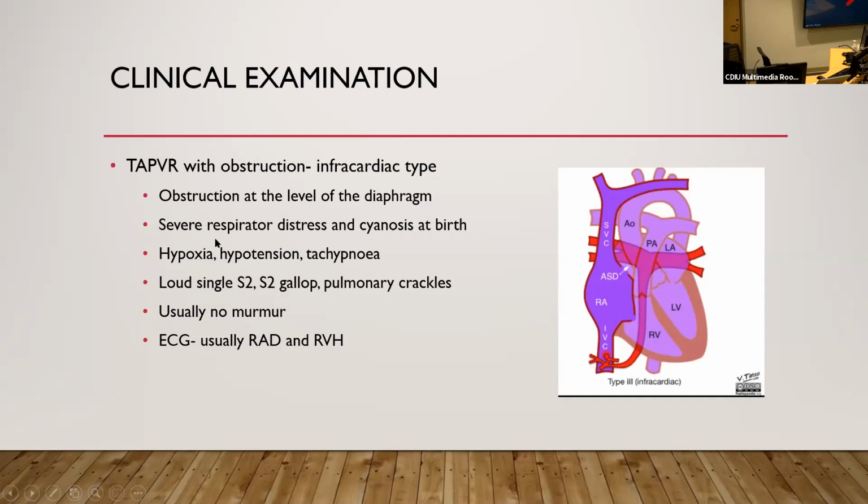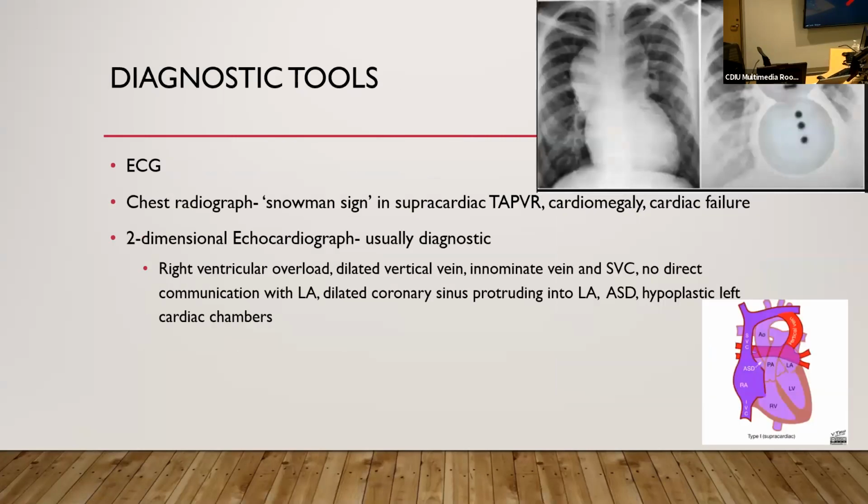And in terms of auscultation, they may have a loud single S2 and an S2 gallop, and pulmonary crackles because of the pulmonary congestion, and they don't usually have a murmur. And then ECG as well, in line with the previous one, shows right ventricular hypertrophy or right atrial hypertrophy.